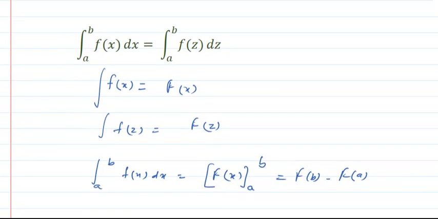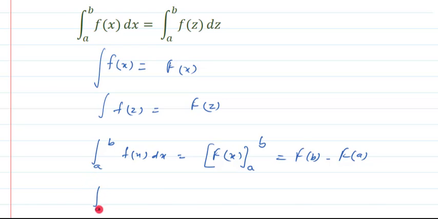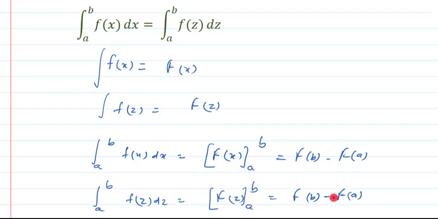Now taking the RHS, it is the integral from a to b of f(z) dz. Its integration can be written as F(z), as I have considered, with limits from a to b. So again using the limits, we get F(b) minus F(a). So both are the same. It means if we need to change the variable somewhere, we can easily do it, and there is no change in the value of the definite integration.